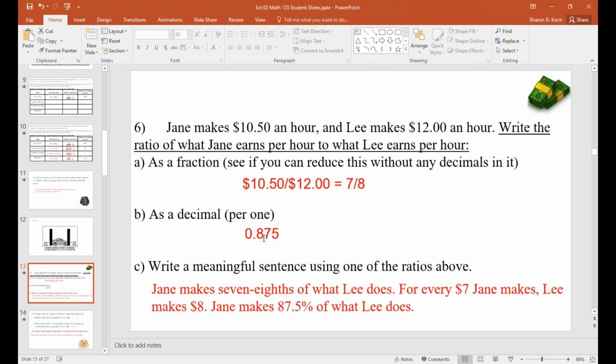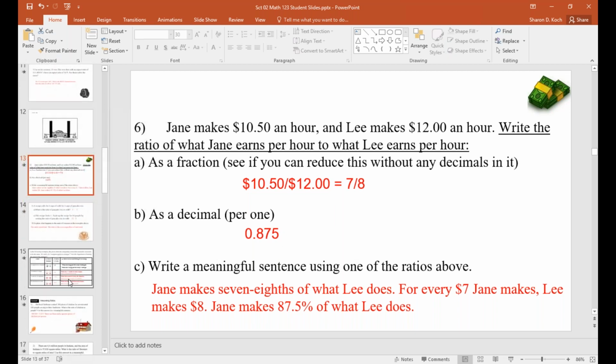Or another way of looking at it, if I just keep it in the form of a decimal and round it out to money, she makes about 88 cents for every $1 that he makes. Remember, because this is per one of the denominator. Okay, so you can say it either way, but that's basically what that means.